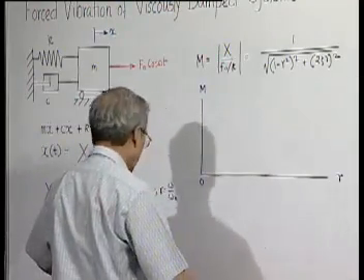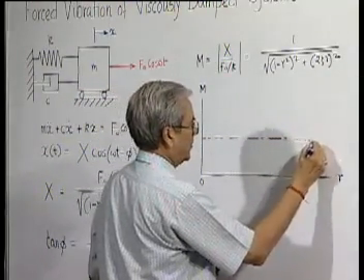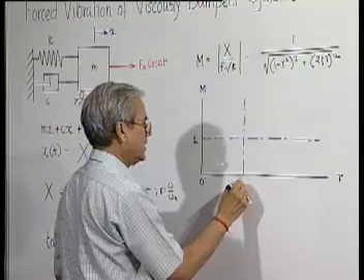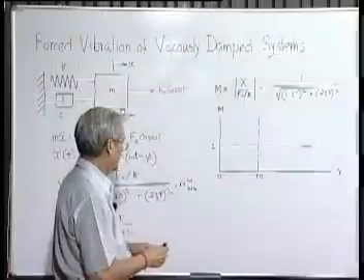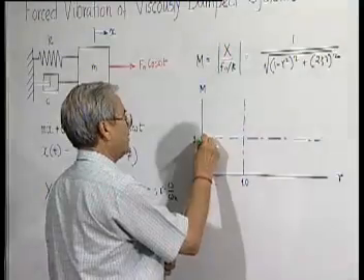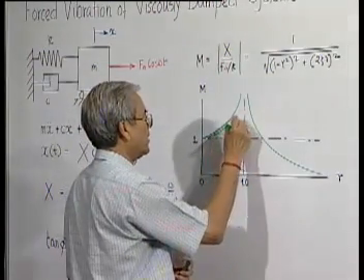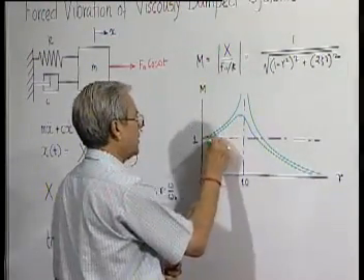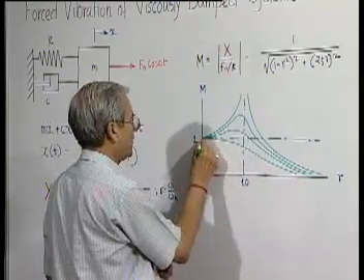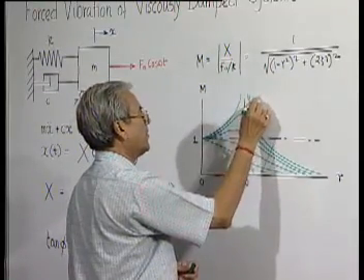So, here we have seen that this line represents the magnification factor 1 and this line represents frequency ratio 1, for various values of damping coefficient, as damping increases, and this particular line is for 0 damping.